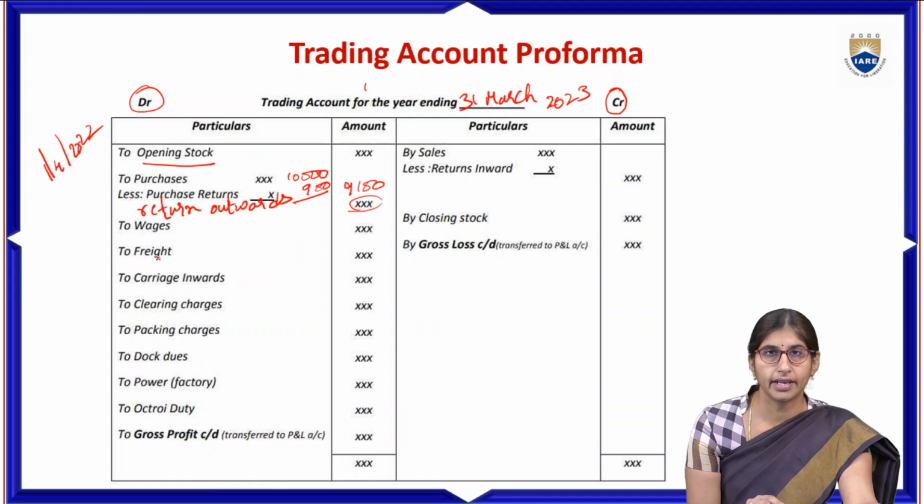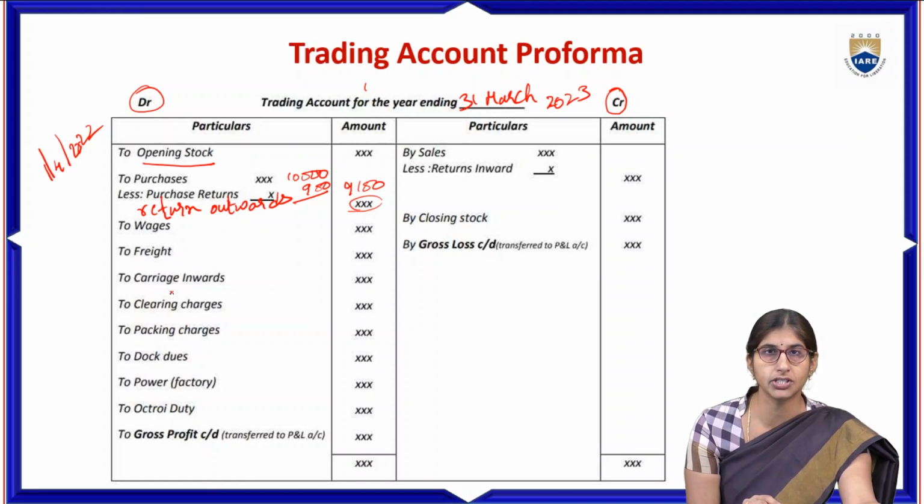Anyway, we can transport the goods. For that, we have certain freight charges when we are sending goods in bulk. So it is also an expenditure covered under manufacturing related things, so we are going to write it in the trading account.